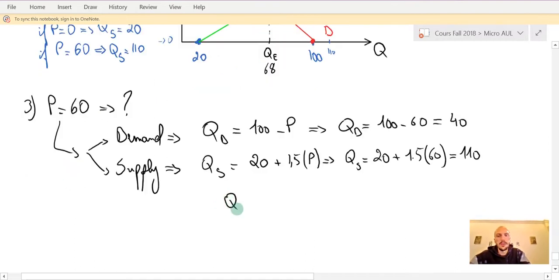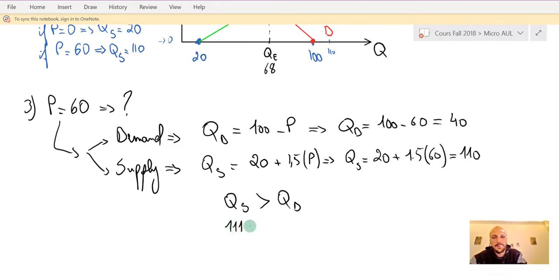So you can see here that again we have this equilibrium and QS is greater than QD, because QS is 110, which is greater than 40.